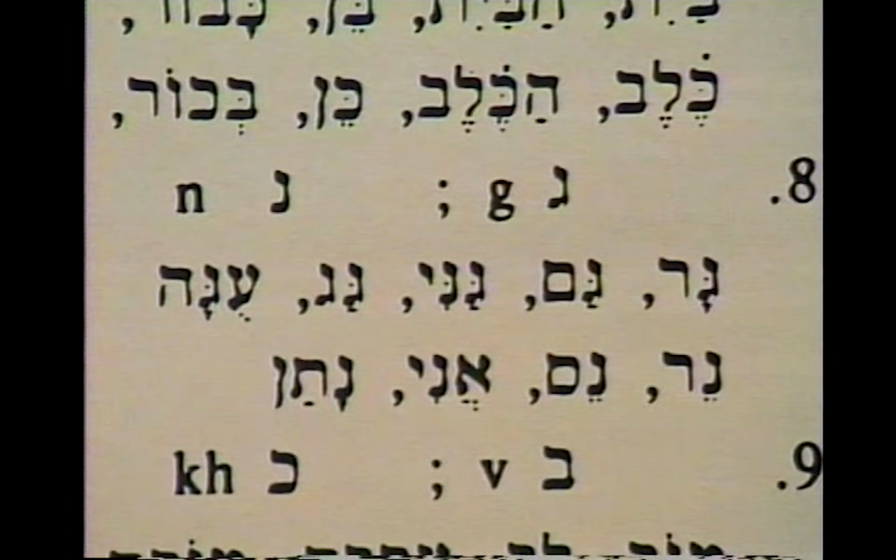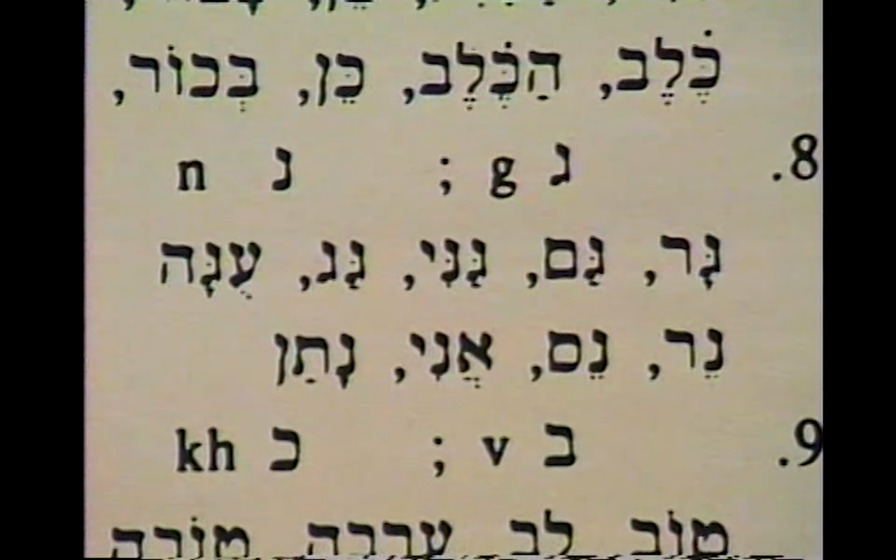Next line. Nes, ani, natan. All right, notice that even I got tripped up there trying to distinguish between those two letters, the nun and gimel. Got to be careful and look at the text very carefully.